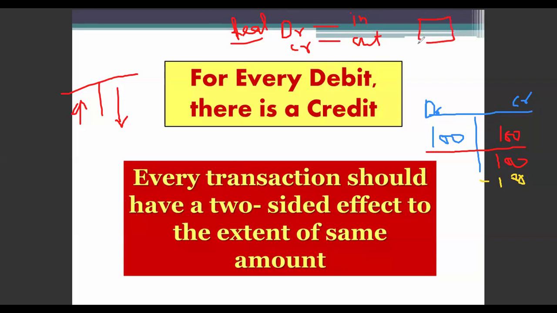Suppose these are two different people, we can call them person A and person B. If A is receiving something, it means somebody is giving to A. So B is giving to A. So if B is giving something to A, A will also give something to B.